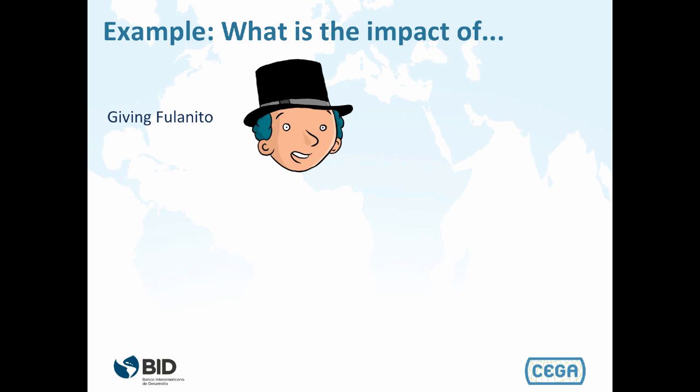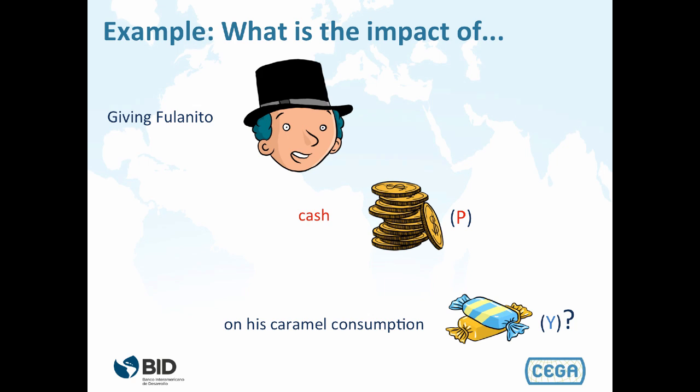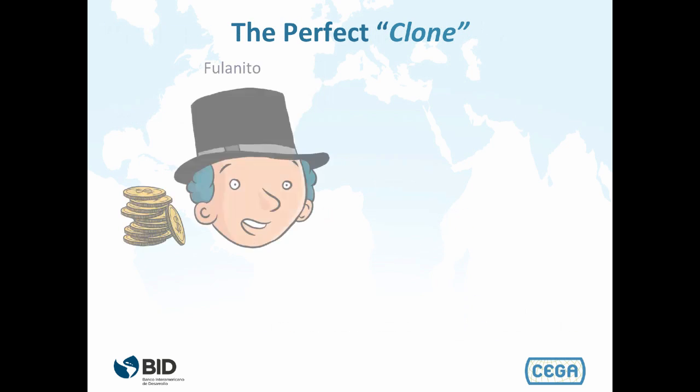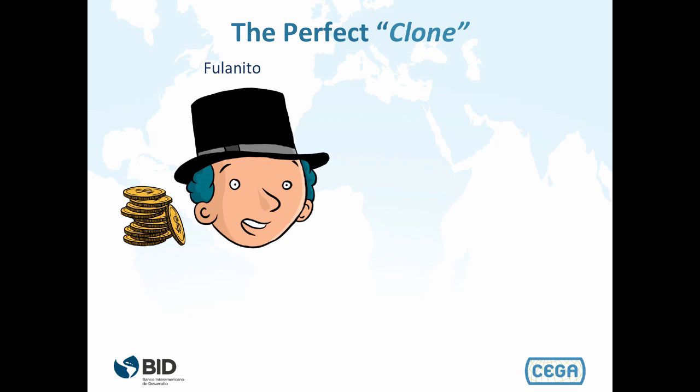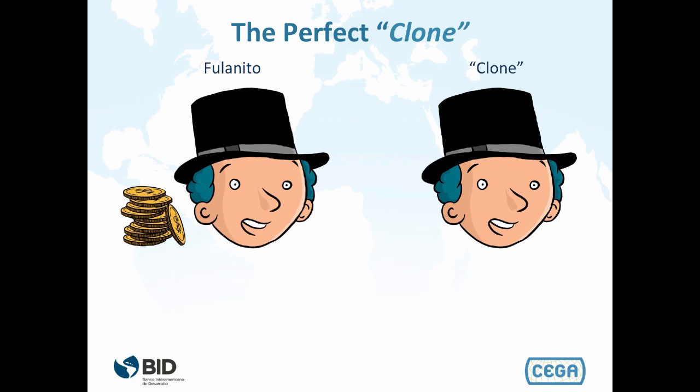So here's an example. We have Mr. Fulanito. We give Mr. Fulanito some cash, and we observe what was the effect of that cash on Fulanito's consumption of caramels. In order to estimate the counterfactual, what would have been Fulanito's candy consumption without the cash, we try and find the perfect clone of Mr. Fulanito.